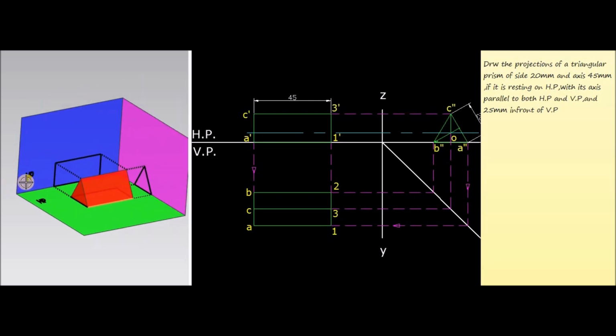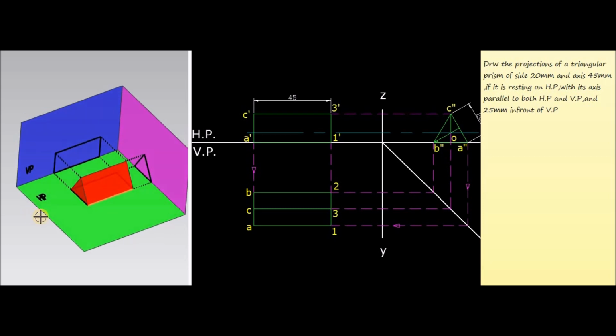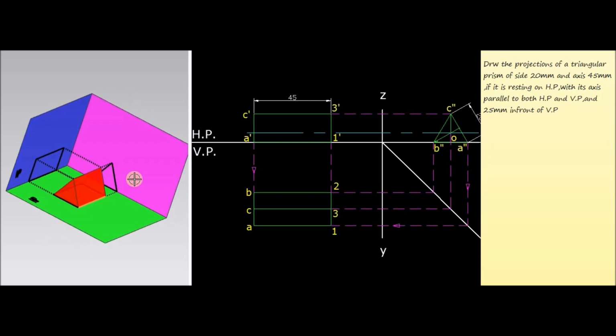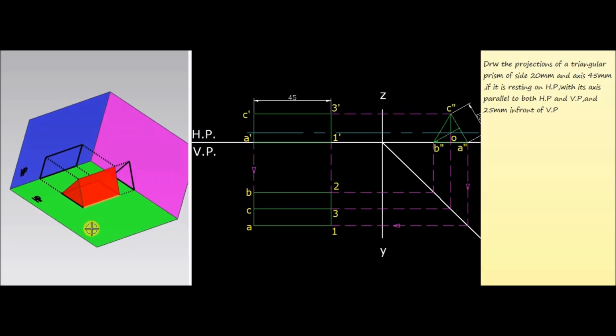The vertical plane, VP, is represented in blue color, the horizontal plane HP is represented in green color, and this one represents the side plane. These three planes are mutually perpendicular to each other.